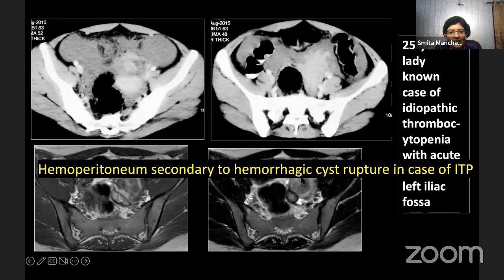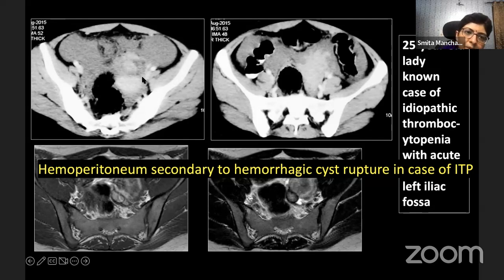So hemoperitoneum secondary to hemorrhagic cyst rupture in case of ITP. See, when these patients have bleeding disorders, they very frequently present like this. This scan is actually from 2015, but even in the last 4-5 years, this patient had frequently presented with these episodes. Once a year, once in 6 months, she presents with this kind of appearance. So what are we seeing?